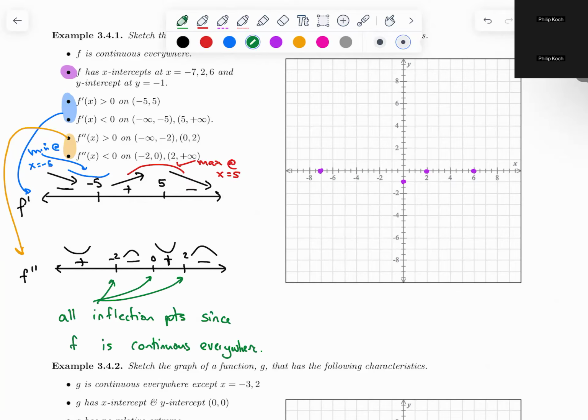Now that we have all that information, I wanted to draw these 2 sign charts on the side because it helps me identify more information. I could go straight to making a little cheat sheet down below, but I find that this helps me visualize it better personally, but I'll show you that you can just get away without doing it. And now we'll make our little cheat sheets.